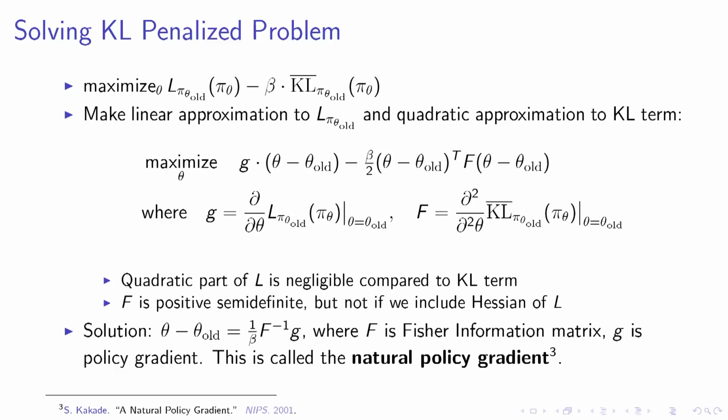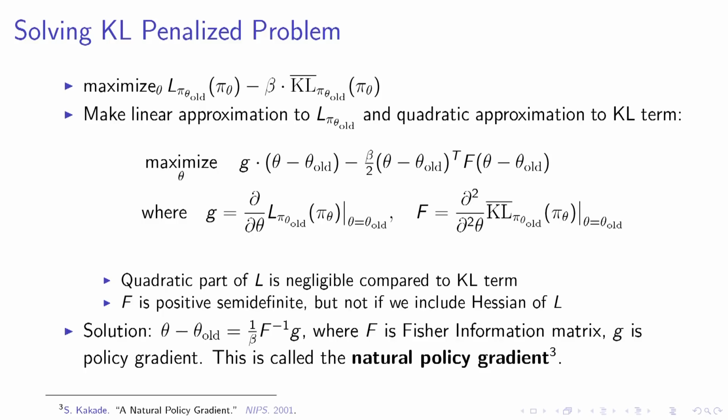But anyway, let's just look at the penalized version of the problem and look at how to solve it. So first we're going to make a linear approximation to the objective and a quadratic approximation to the KL constraint. Note that the KL constraint just looks like a quadratic distance function.